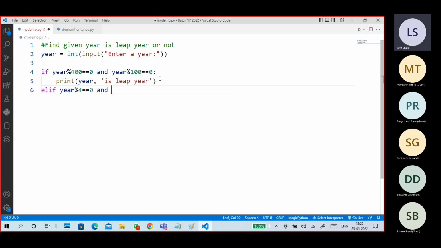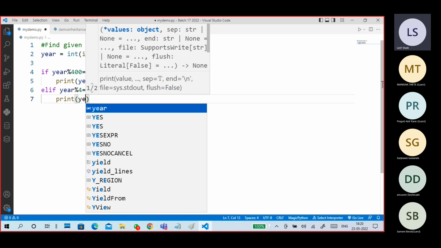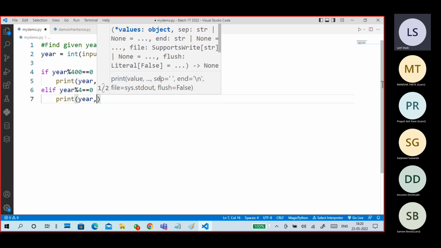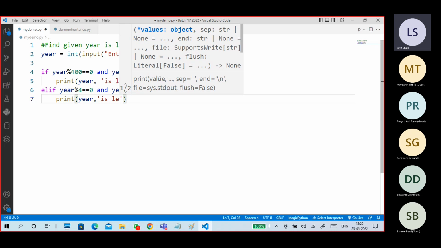Spaces, no problem. And if you divide it by 100, it should not be 0. This is else if. Again, print year is leap year.